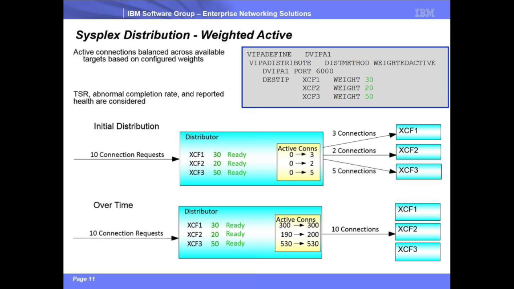Then, again, to target the goal of having 20% of the connections on XCF2, all 10 of those connections would be directed to XCF2. So it would go from 190 connections up to 200. And as you can see, as 30 more connections are received, XCF3 wouldn't receive any, and those other 30 would actually be directed toward XCF1 or XCF2.